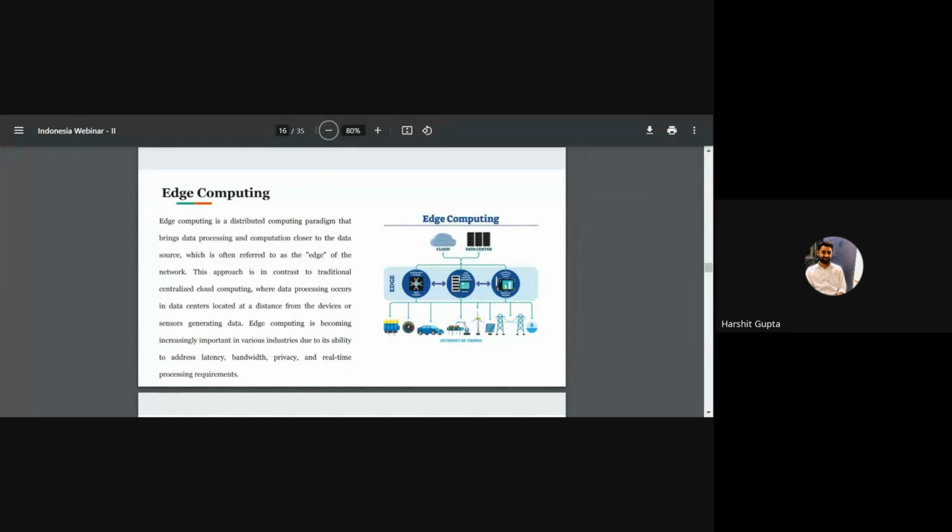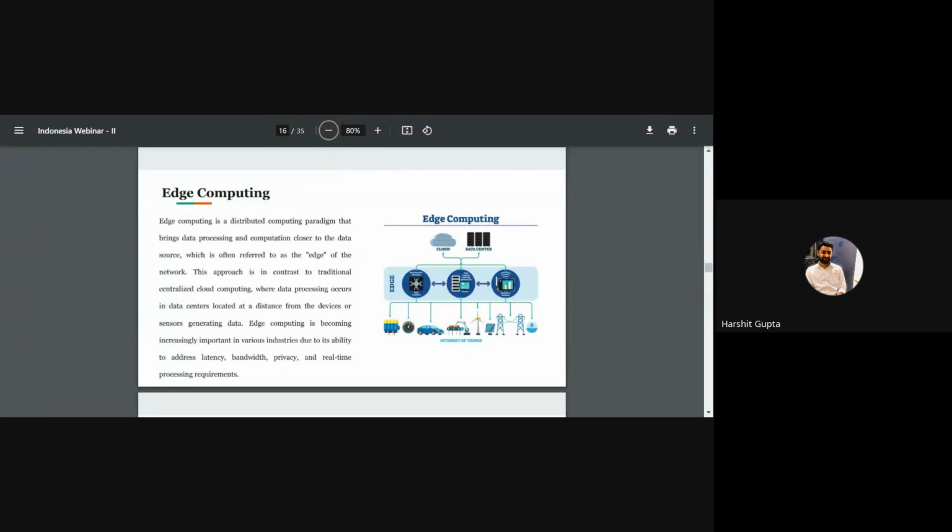Next we will see edge computing. Edge computing is a distributed computing paradigm. Distributed computing means the computation is distributed over different devices. It is not centralized at any one server. Instead, it is distributed over the different devices where the data are.